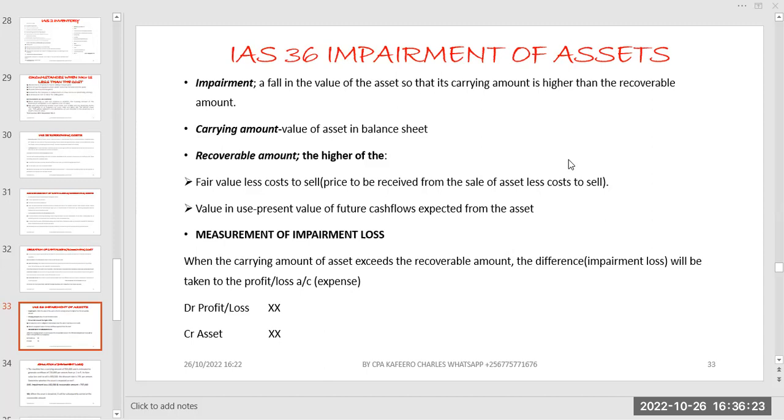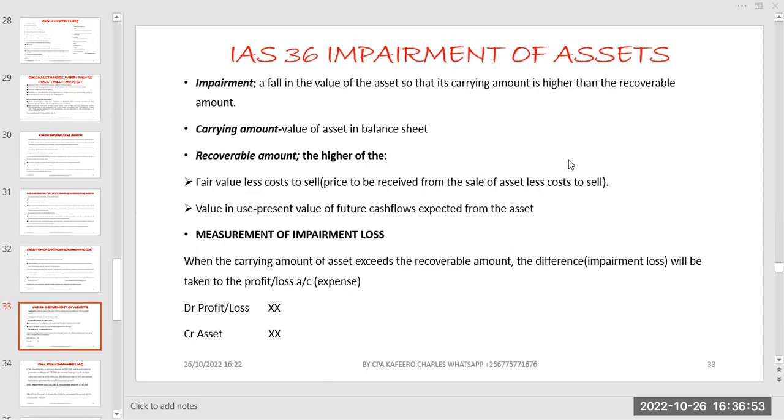Of course, you know the recognition criteria is that to recognize that there is an impairment, it means the asset has reduced value. We get that from the definition. Then when the carrying amount of the asset exceeds the recoverable amount, that difference will be taken to the profit and loss. The reason why we are taking it to the profit and loss is, one, we are using the fair value.